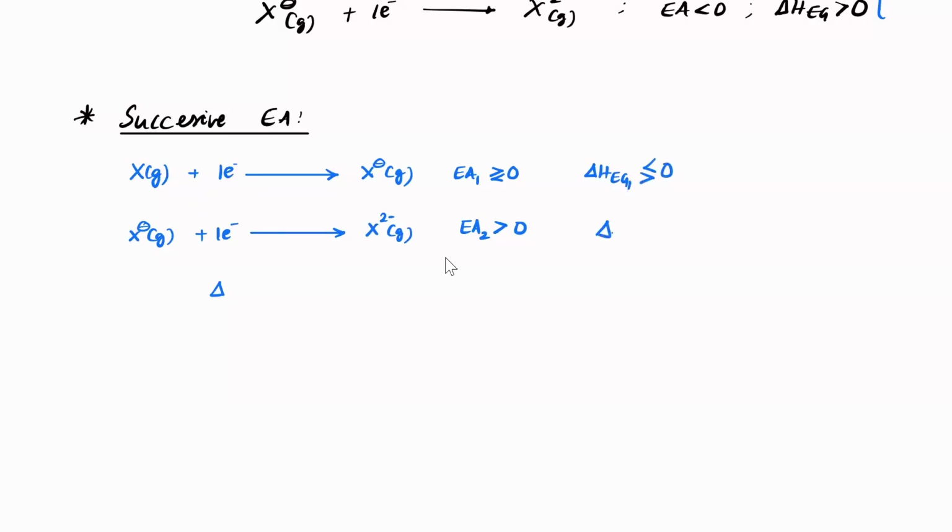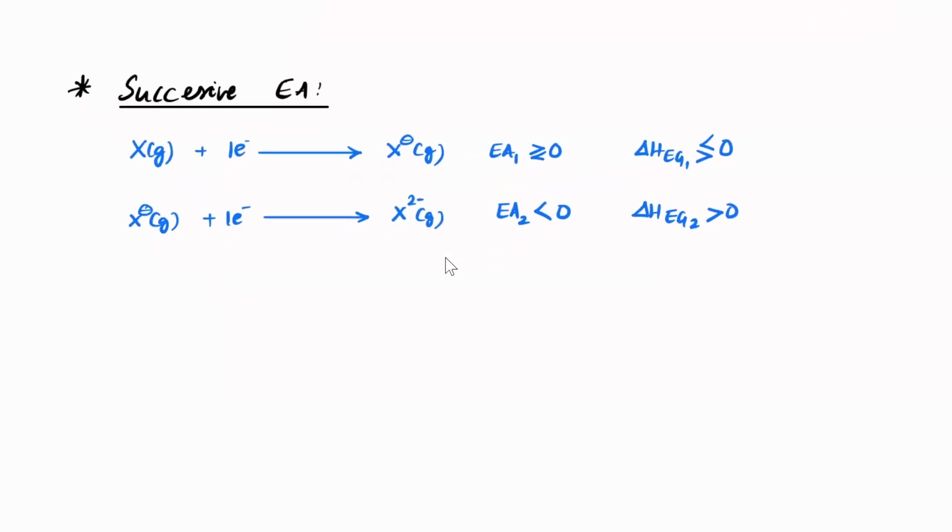But the second electron gain enthalpy will always be positive. Sorry, I wrote this wrong here. Electron affinity is negative, so electron gain enthalpy is always positive.